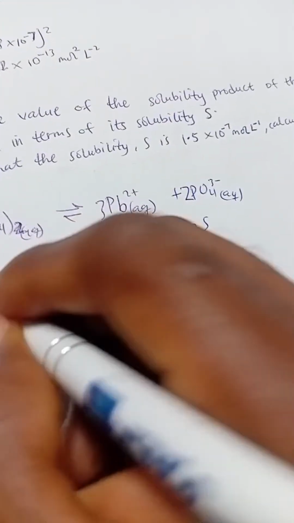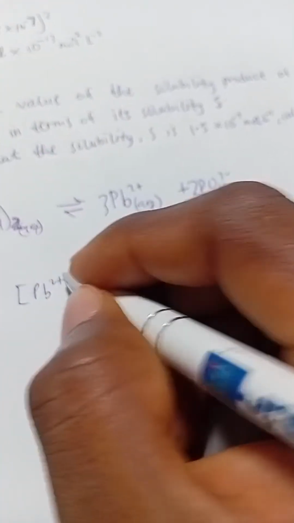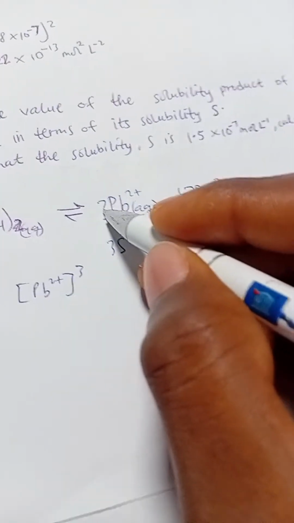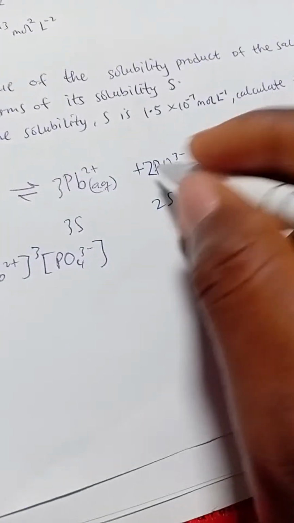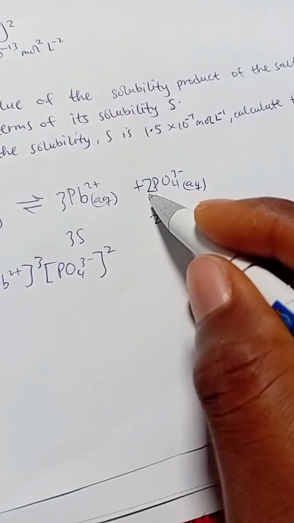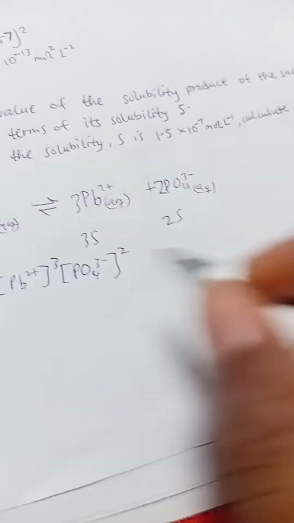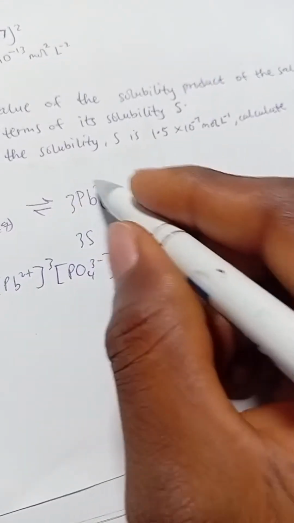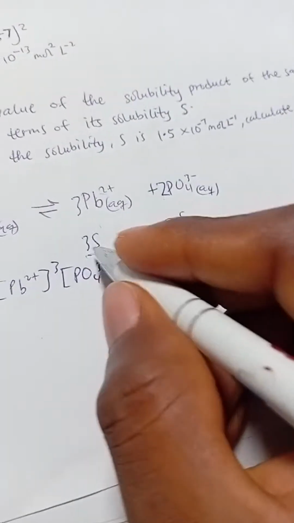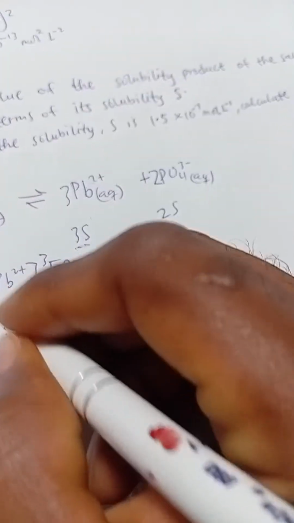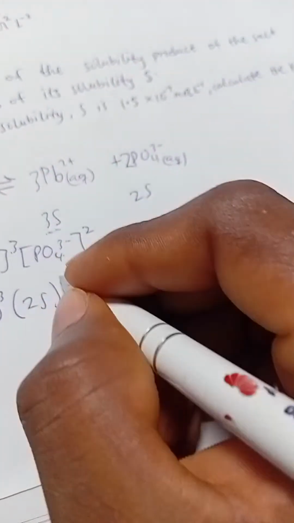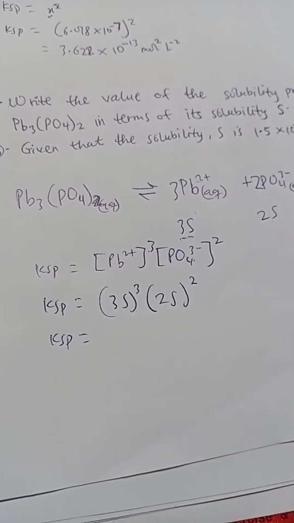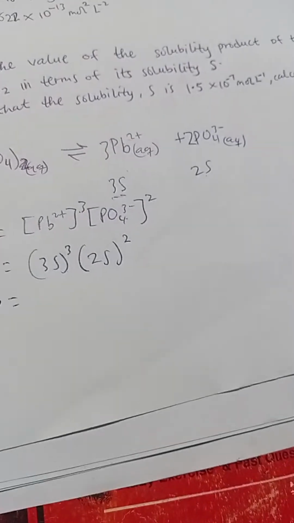Now our KSP becomes concentration of the lead ions to the power 3, the stoichiometric coefficient is 3, multiplying concentration of the PO4 3 minus to the power 2 because the stoichiometric coefficient here is 2. So our KSP becomes the concentration of the lead ions is 3S, 3 times the solubility, so 3S to the power 3, multiplying this one, 2S to the power 2. So we are still solving part A. We are expressing the solubility product in terms of the solubility.